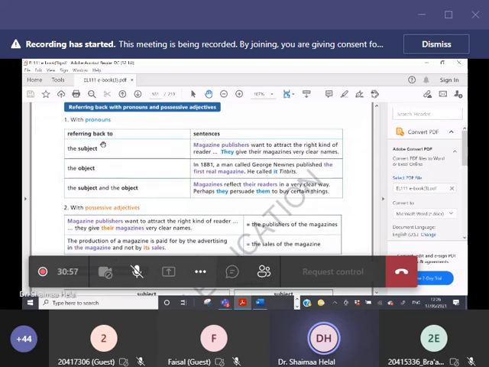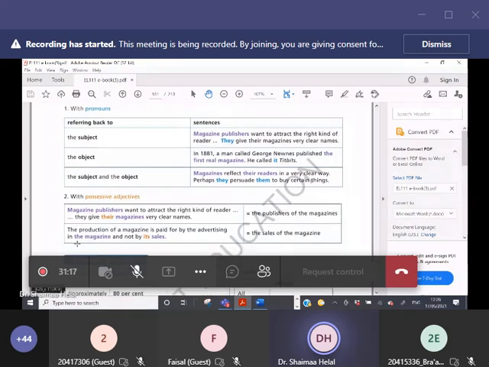The same, we are going to apply the same here with possessive adjectives. Magazine publishers want to attract the right kind of reader. They give their magazines. Possessive adjective related to this, or the meaning of their magazine, it means the publishers of the magazines. The same here.